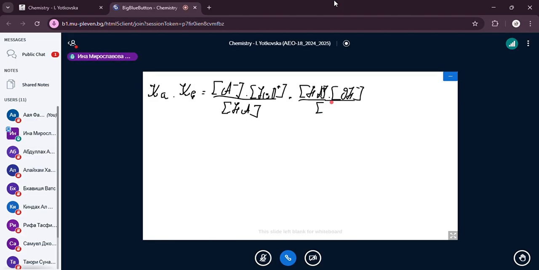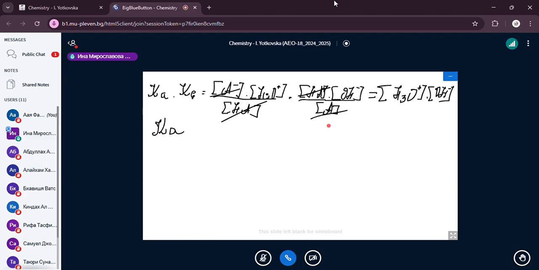When we have a multiplication, we can make our equation simpler when we remove the same values. And what is left? When we multiply Ka to Kb, it will be equal to what? To Kw, the autoionization constant of the water.